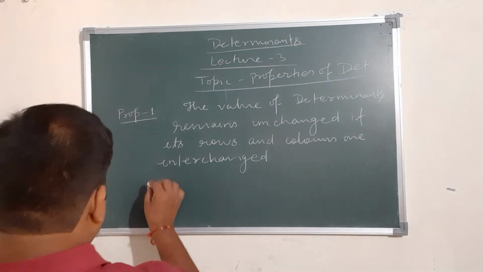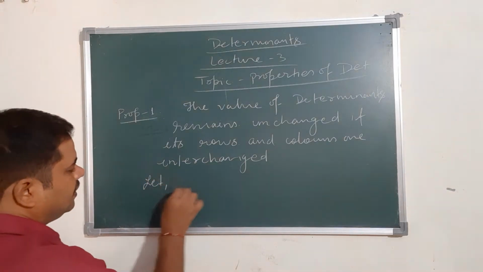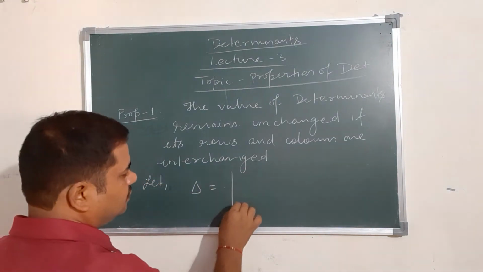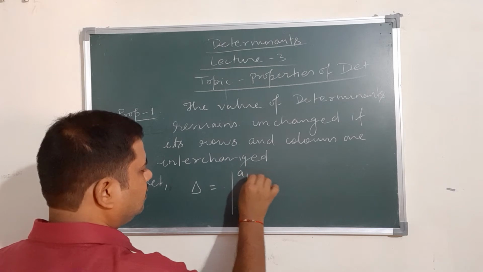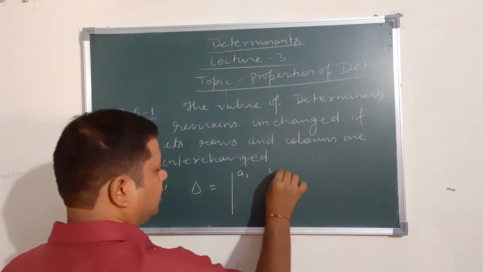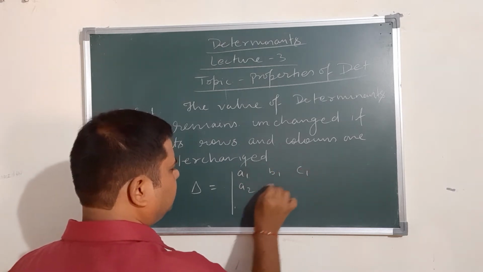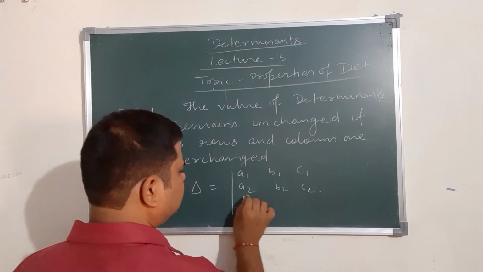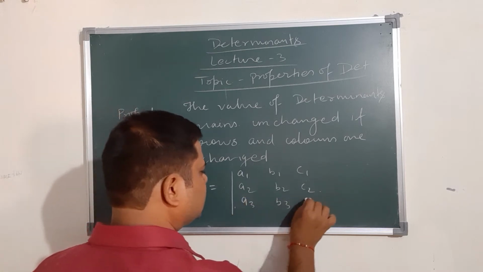So suppose delta is equal to the determinant A1, B1, C1, A2, B2, C2, A3, B3, C3.